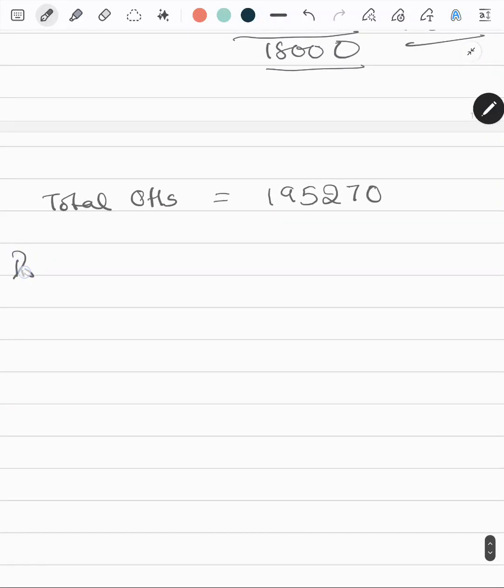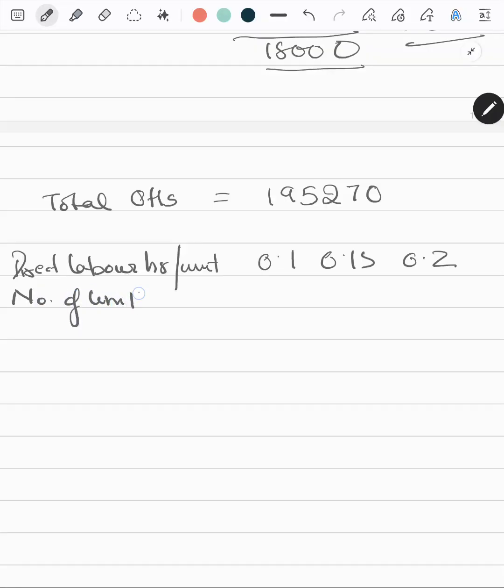So direct labor hour per unit is 0.1, 0.15 and 0.2, and number of units is 15,000 for product A, for product B it's 12,000, and for product C it's 18,000.